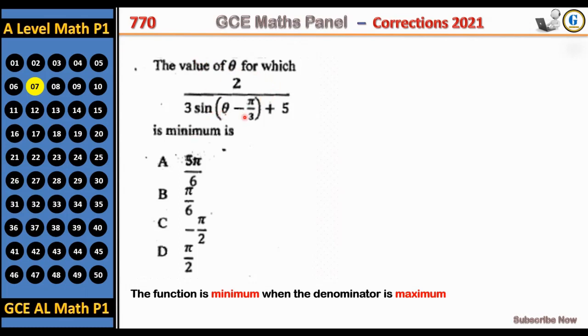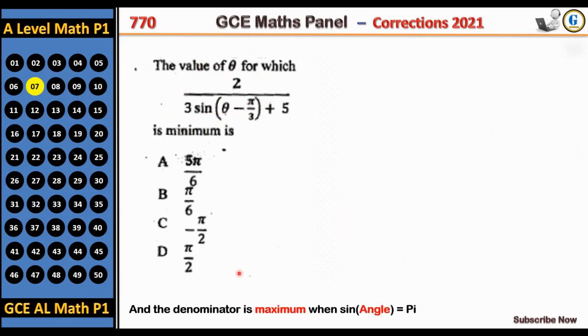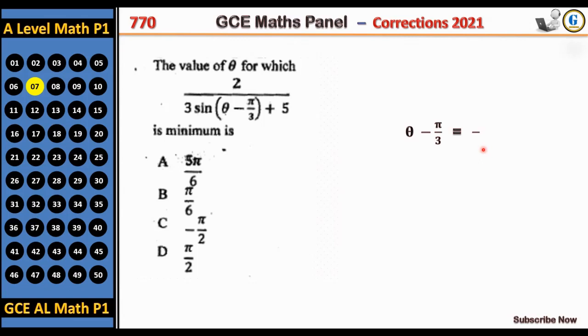For the denominator to be maximum, the sine of this angle must be equal to 90, because you know that sine 90 is equal to 1, and that's when you have the maximum value of sine. So it means therefore that this value inside this bracket should be equal to 90. So we say theta minus pi on 3 should be equal to 90, and then we solve for theta.